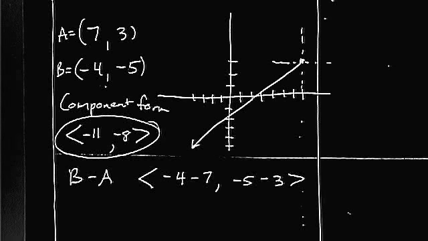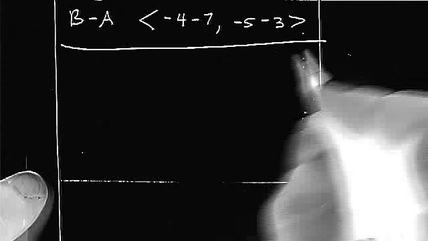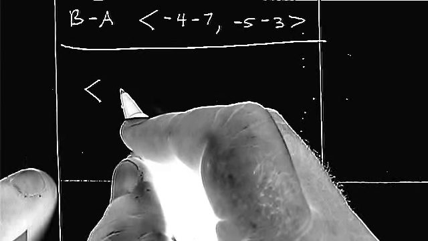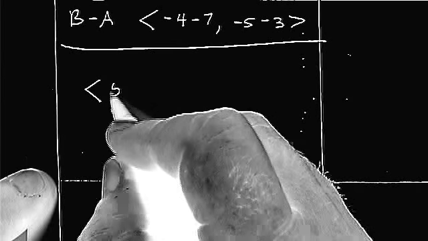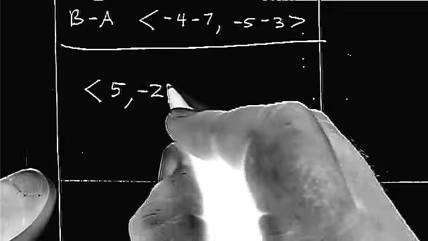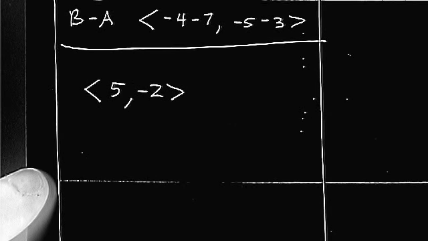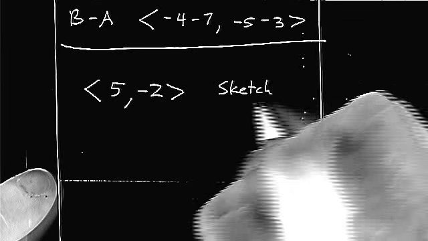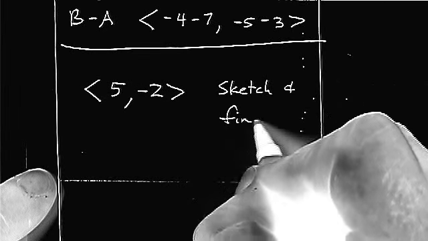Now if I give it to you in component form, I may ask you to sketch the vector and find its polar form.